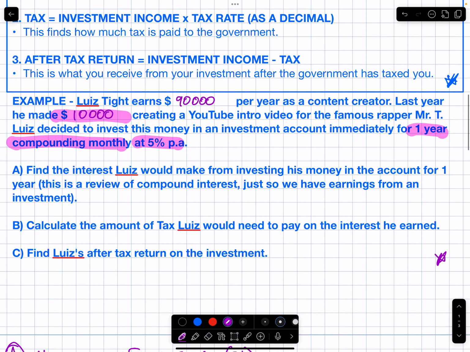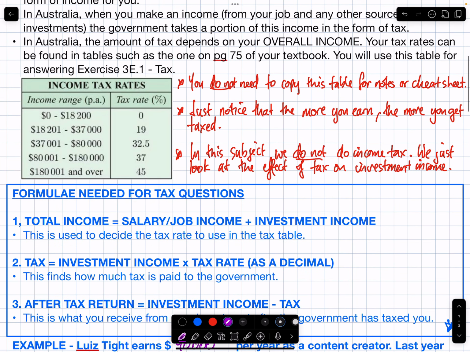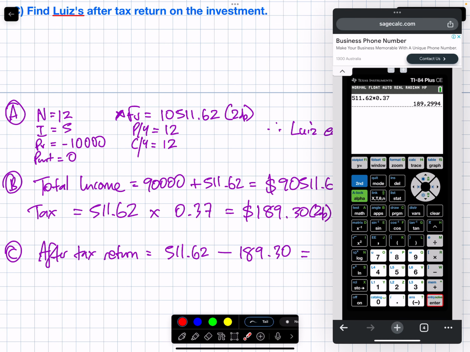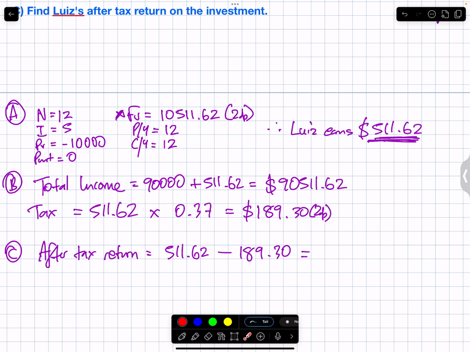Why? Because he earns between $80,000 and $180,000, considering his actual job income and the investment income. So do that subtraction. 511.62 minus $189.30, $322.32.